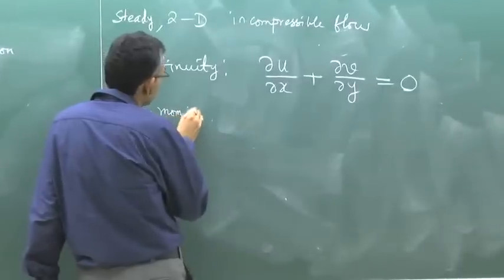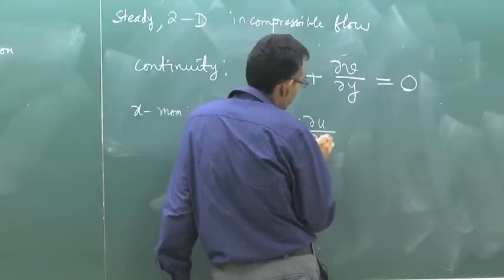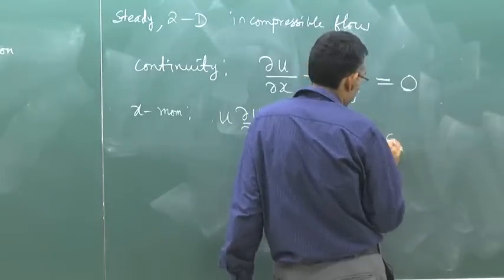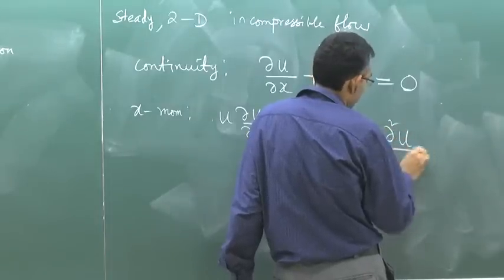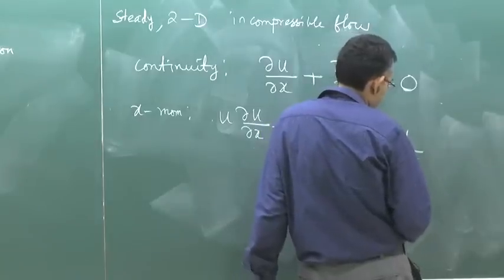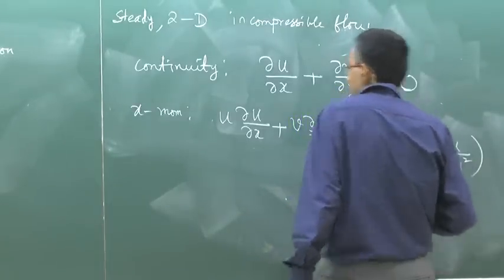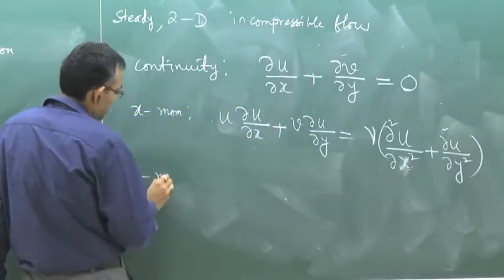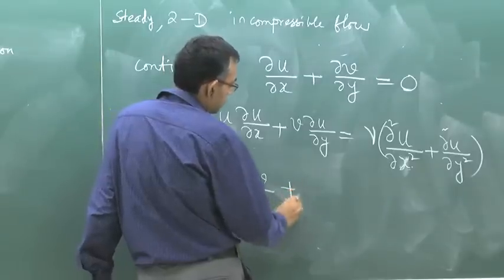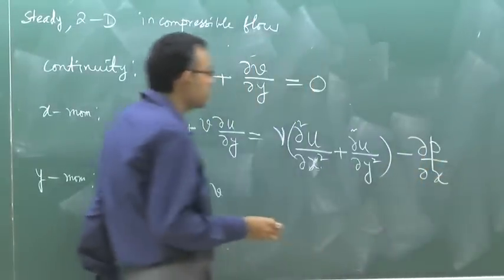X momentum: let us write minus del p del x for pressure gradient along x. The x momentum will not be important.